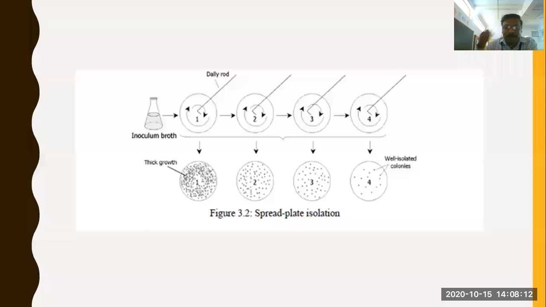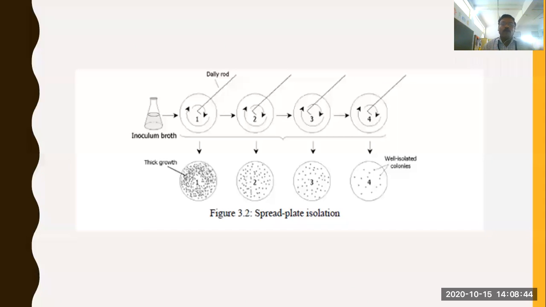So this is your spread plate isolation technique. All these plates, plate number 1, plate number 2, plate number 3, as well as plate number 4, are nutrient agar plates already. Later on, with the help of the spreader, you spread this inoculum, which contains the microorganism.